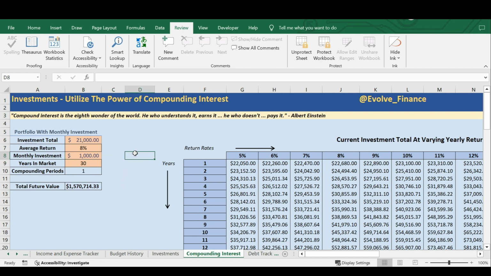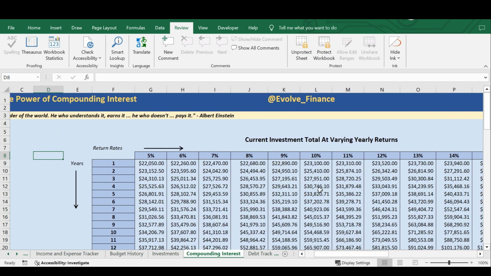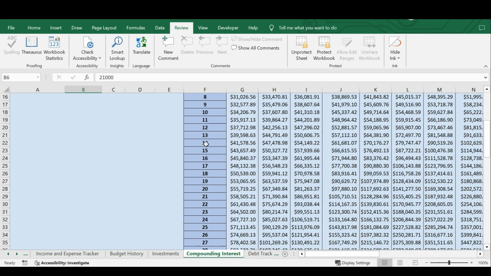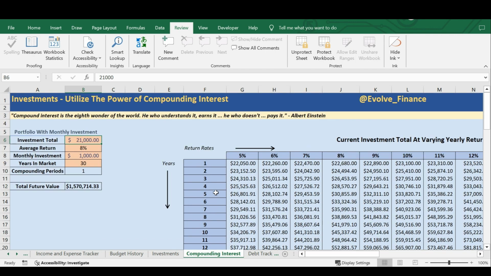Pretty crazy. Now, let's jump over and talk about this table here. What this table is saying is it is taking this value here and it assumes that you do not invest a single additional dollar. It is going to show you what your return would be after various return rates and varying amounts of years in the market. So for example, let's say we have $10,000.